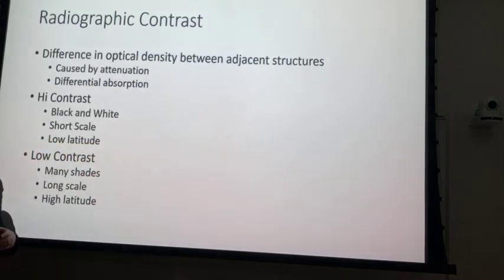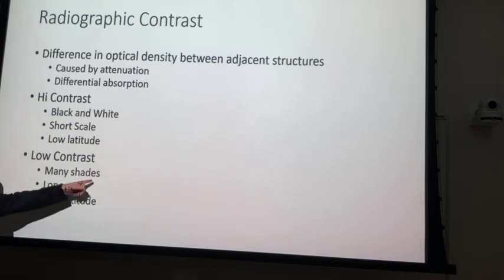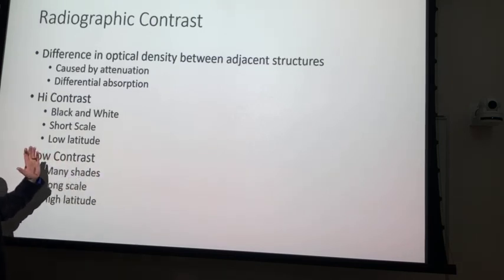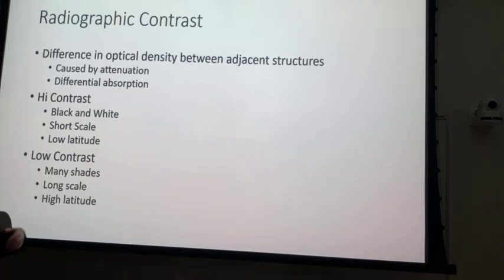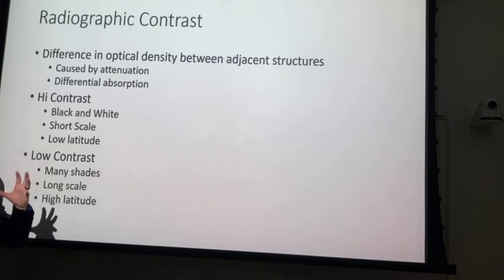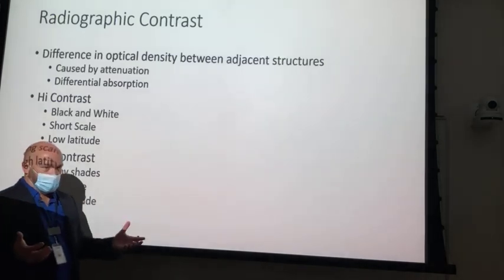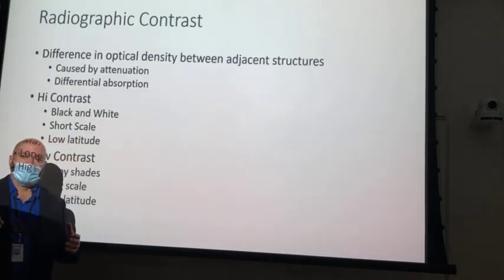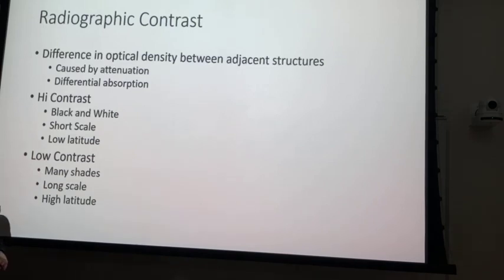Sharpness of recorded detail is truly the edge of the line, and whether or not you can see that. You've probably seen a TV station go off the air, and then you get this little test pattern with lines going across, or maybe your computer. That's your actual sharpness of recorded detail, whether or not you can see those lines.